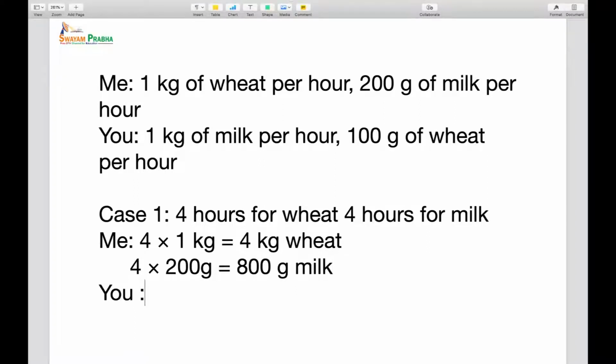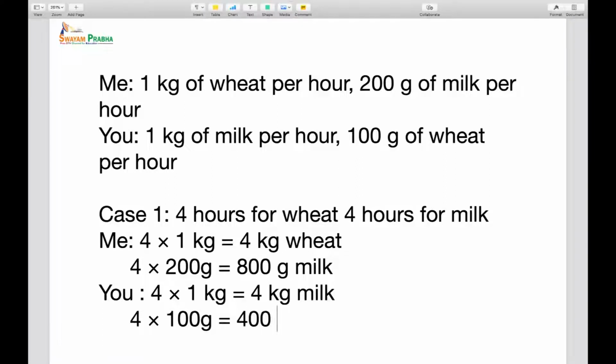Whereas you, in 4 hours, have made 4 into 1 kg, which is 4 kg of milk, but only 4 into 100 grams, which is 400 grams of wheat. So this is the first case in which we are not trading. You are producing both wheat and milk for your use, and I am also producing wheat and milk for my own use. And both of us are devoting 8 hours into these activities.